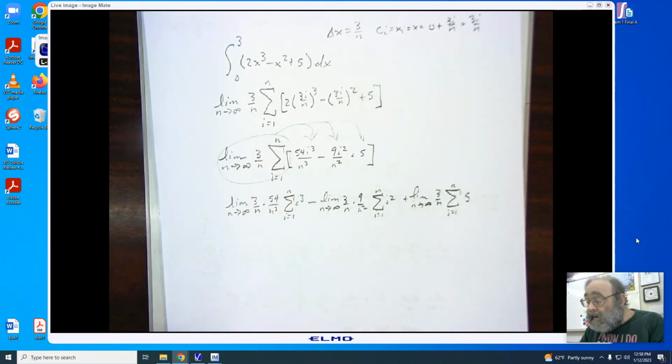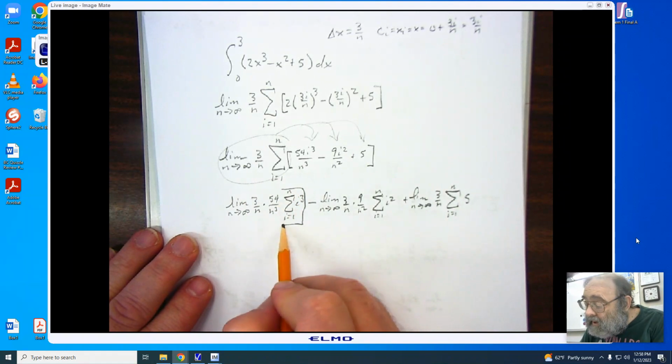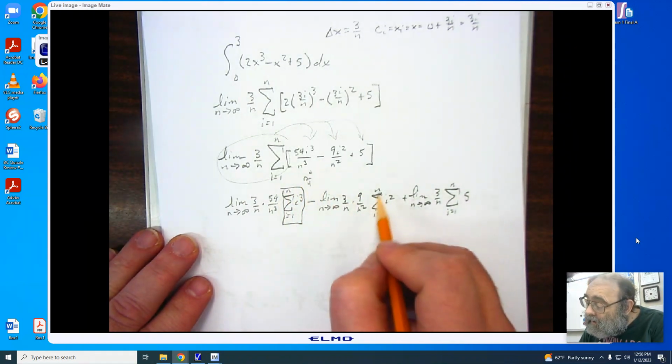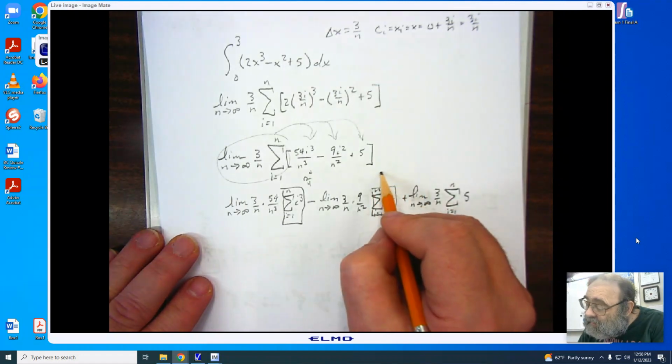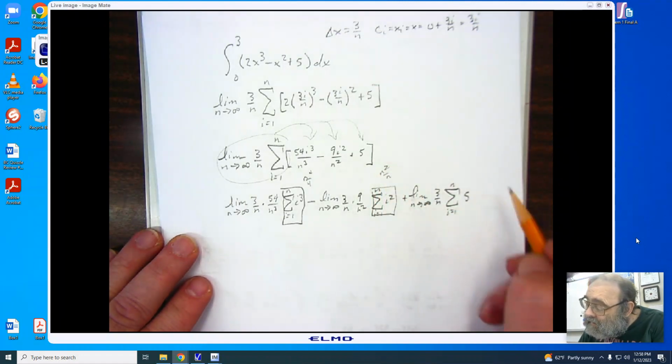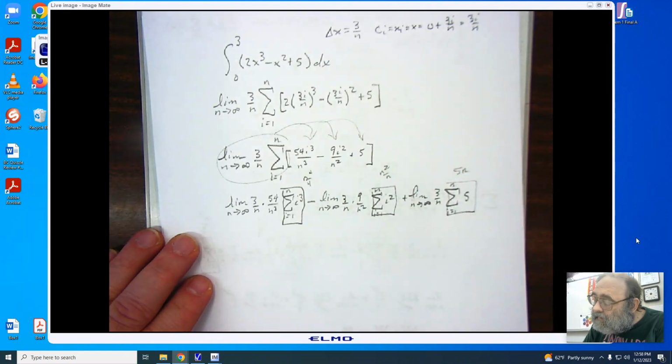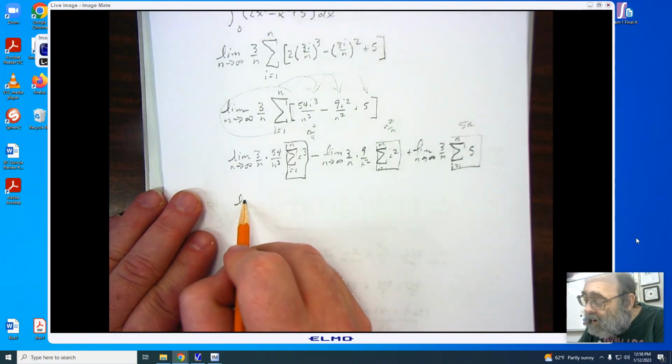Alrighty, this piece right here is being substituted by n to the 4th over 4. This piece is being substituted by n squared over n, and this piece is just being substituted by 5n. Here we go. The limit as n is approaching infinity.